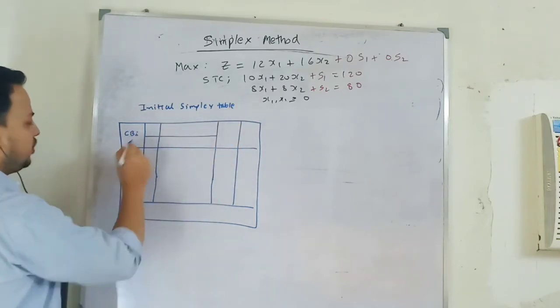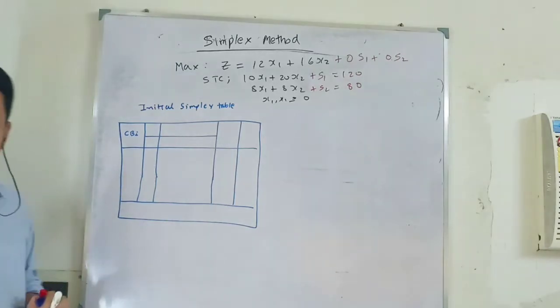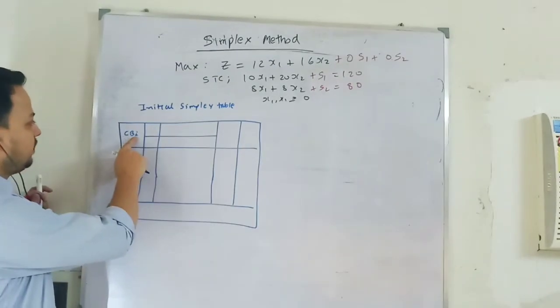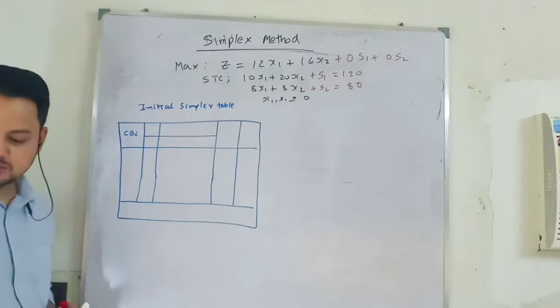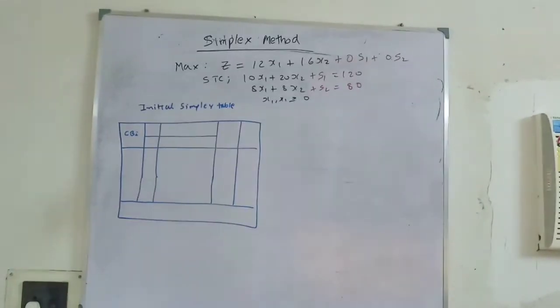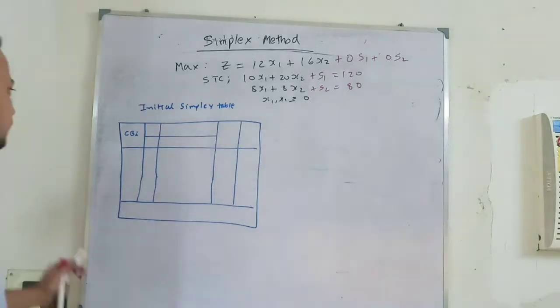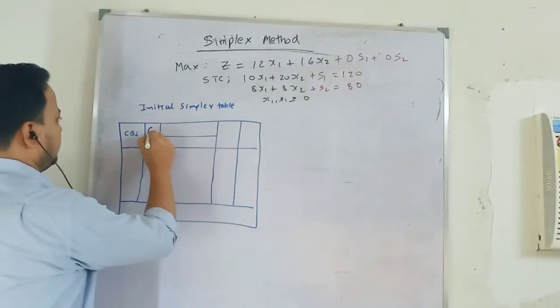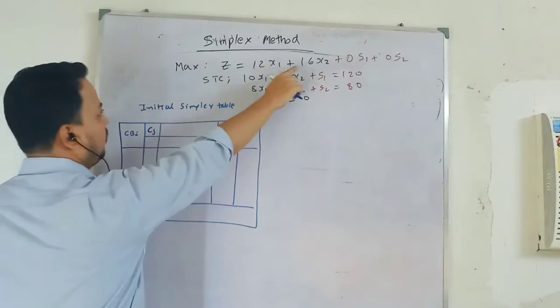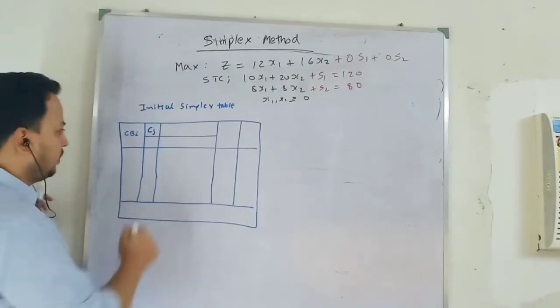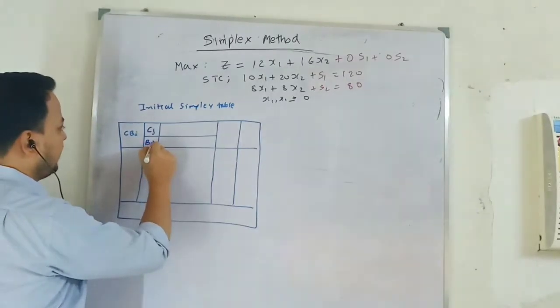CBi is your coefficient of basic variable i. Cj is the coefficient of your objective function. And here you will add the basic variables.